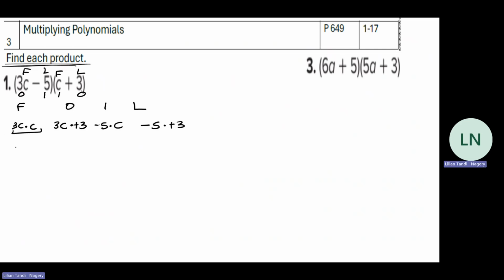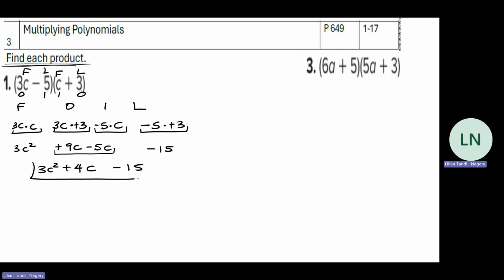So this becomes 3c squared. This becomes positive 9c. This becomes negative 5c. These are friends. 9 minus 5 is positive 4c. This becomes negative 15. So here negative 15 and here 3c squared, and you box your answer.